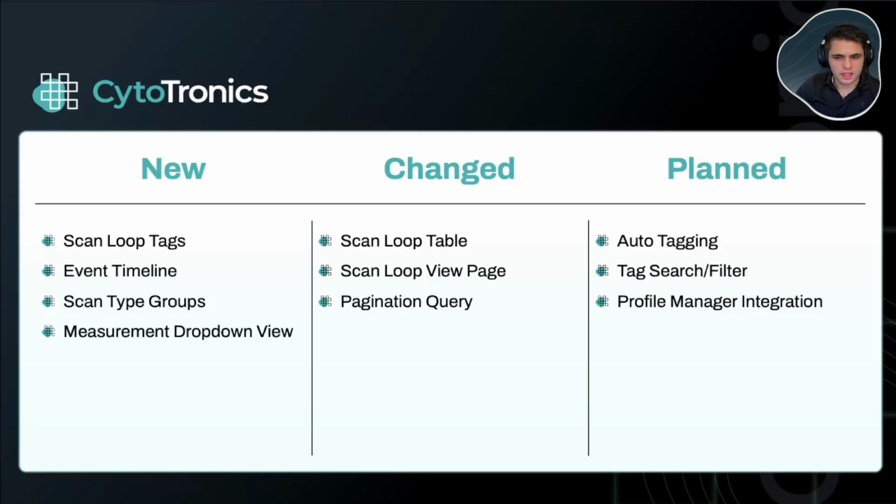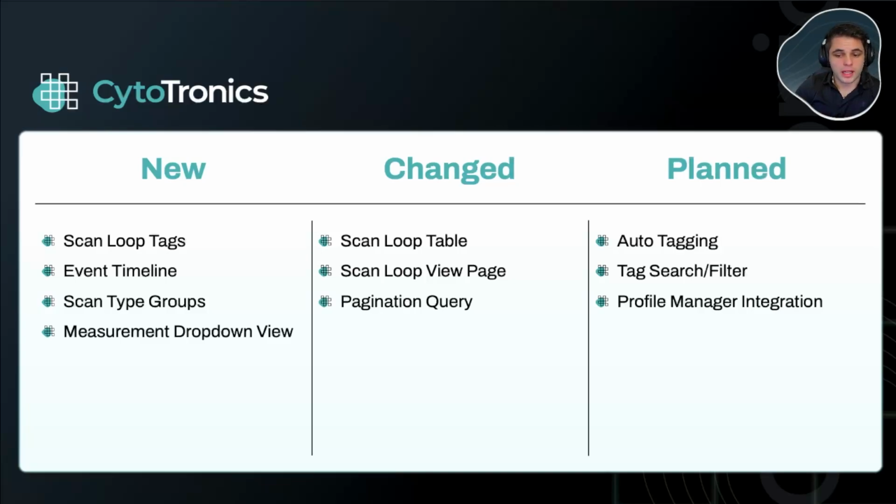This means that some of the things that have changed include the scan loop table to show tag and measurement details, also an updated scan loop view page to help manage tags, and both of these pages have new optimized queries to reduce initial load times for large experiments.